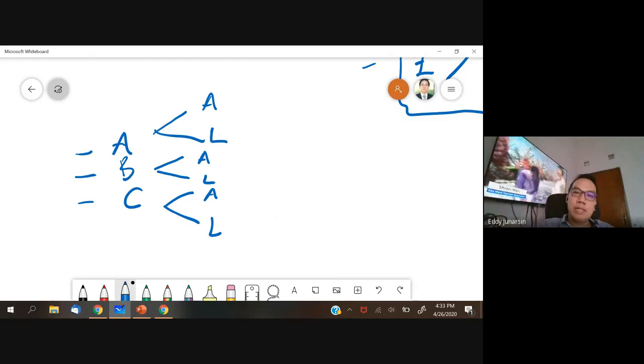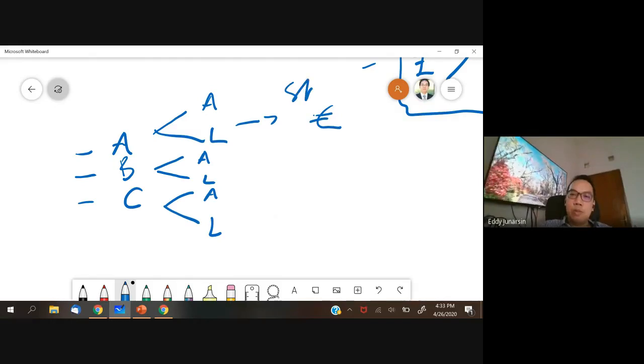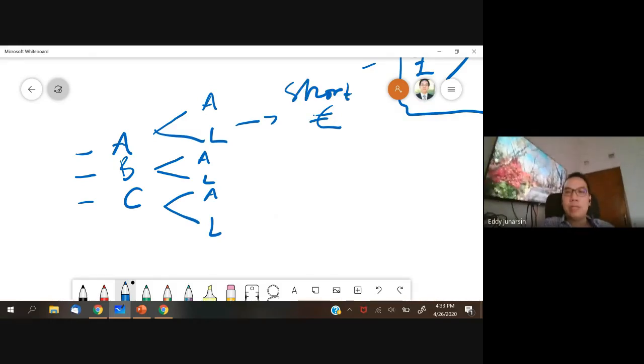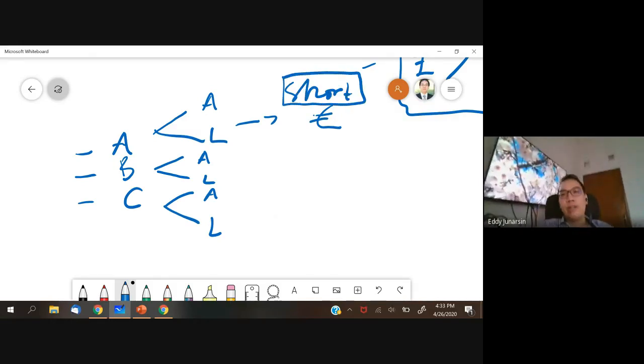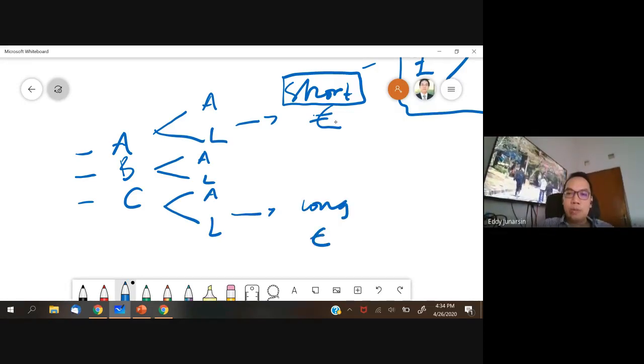For example, let's say the subsidiary A, they're having a short position in, let's say, euro. Right? Net short position means that they have more liabilities than assets in euro. Right? And you find out that for subsidiary C, you have a net long position in euro.